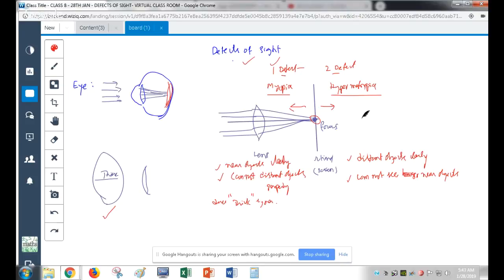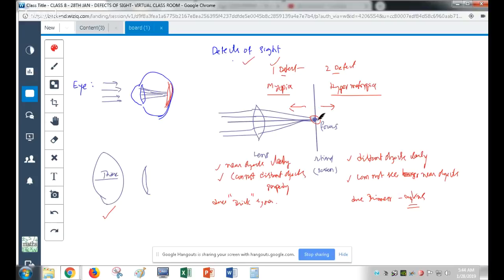So at the same time, what is the reason for hypermetropia? Why will the people get hypermetropia? Because the eye lens becomes thinner. Okay, so that is the reason the people who have hypermetropia can see the long distant objects very clearly.